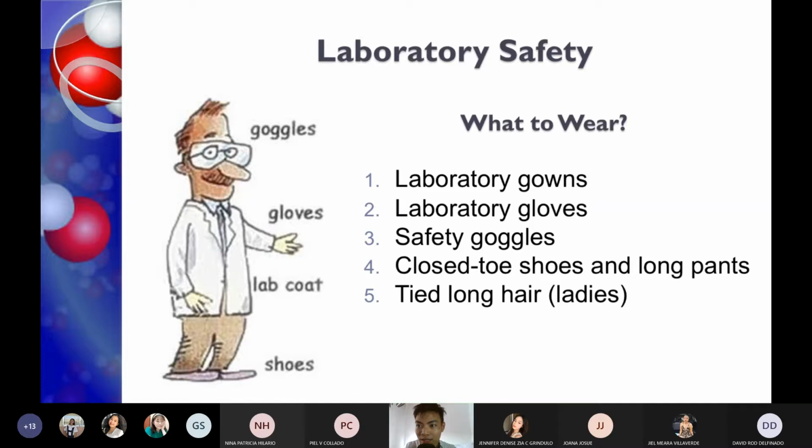You could become positive for COVID from just one droplet. So that's why when we are in the laboratory, we should wear our personal protective equipment, or PPEs, and take note that it should cover most of our bodies, because we are trying to avoid spillage or splashes from the chemicals.